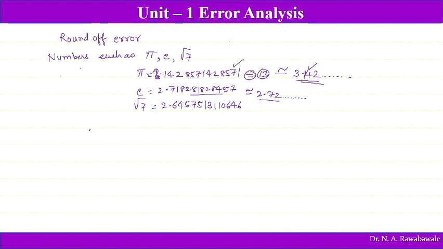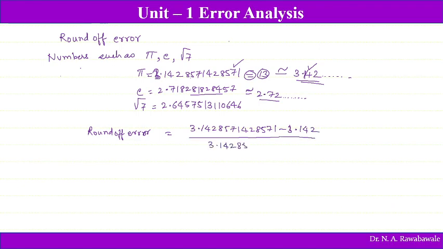So here the round off error is calculated in the first case. Say for example, the true value is 3.1428571428571 minus the approximate value, which we are going to take as 3.142, divided by the true value, again 3.1428571428571, into 100.